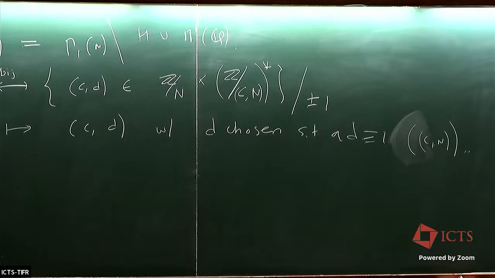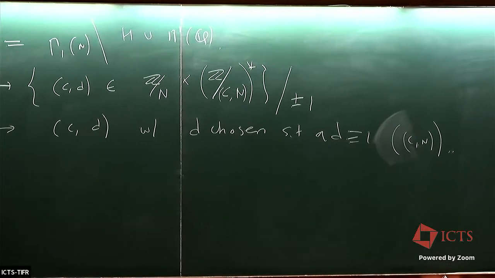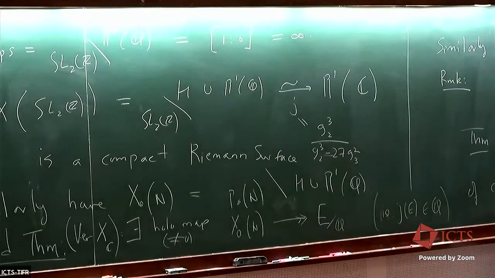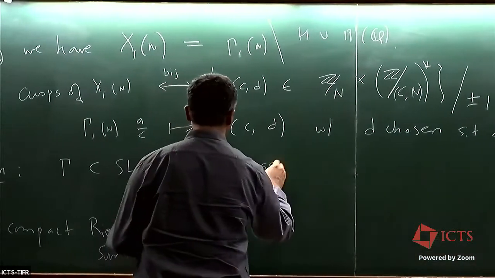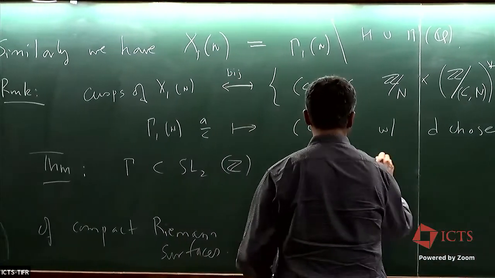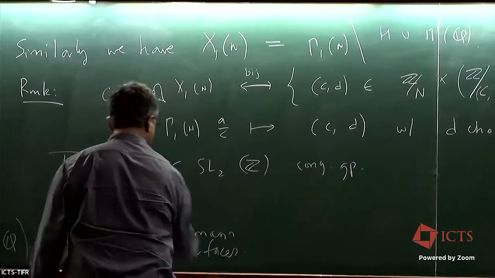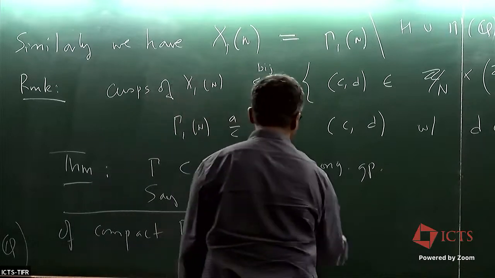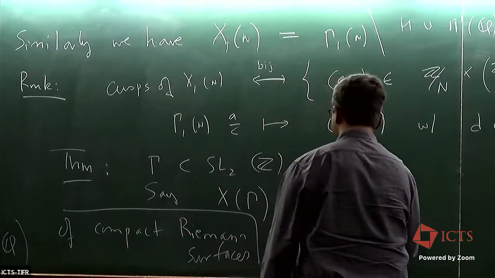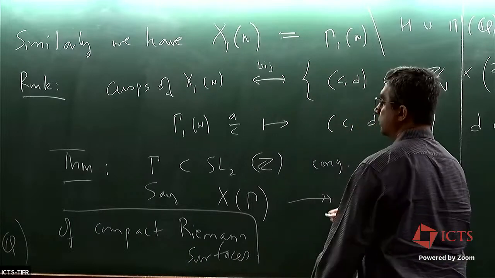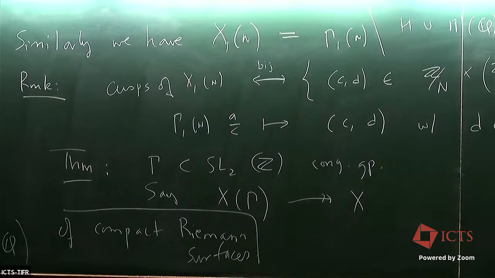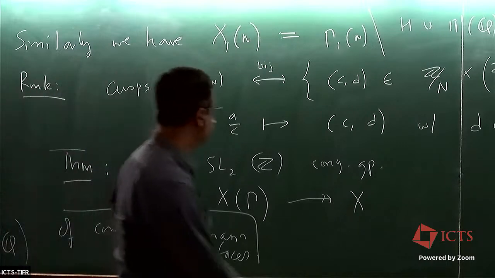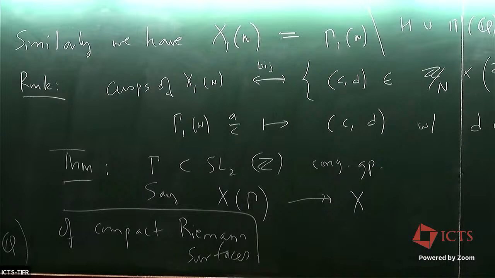All right, so now some more generalities, moving on maybe from chapter 2 to 3. So here's a theorem. You have a congruence subgroup. Here's a formula for the genus. Since it's a subgroup of SL_2(Z), you have a map from the modular curve for Gamma to the modular curve for SL_2(Z), where X(Gamma) has the same sort of definition: it's H union P^1(Q), the orbit space under Gamma.